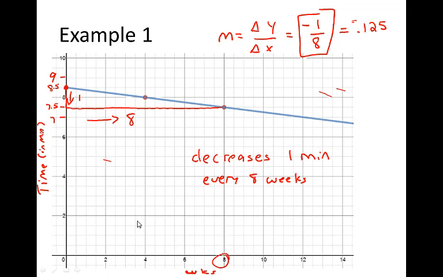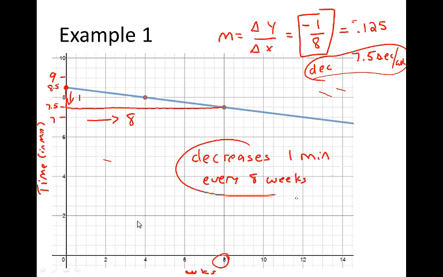We don't typically talk like that. We don't say 0.125 of a minute. If I multiply that by 60 seconds that are in a minute, I end up getting 7.5 seconds. So my time would decrease 7.5 seconds per week. Another way to write that is my time decreases about 7.5 seconds per week, or 1 minute every 8 weeks. Depends on how you look at it. They're both fine.